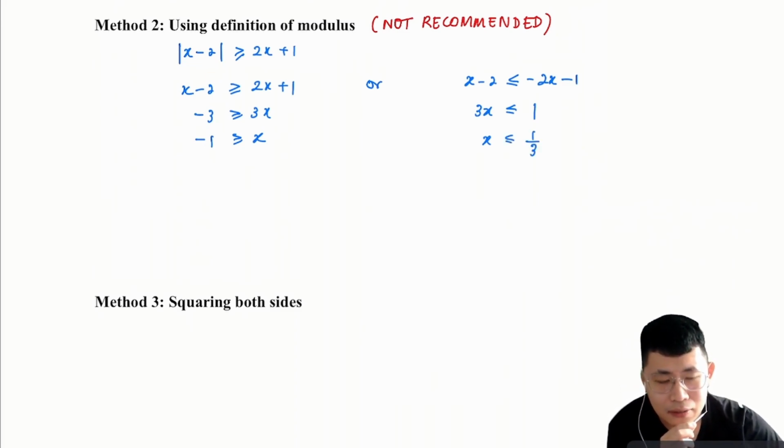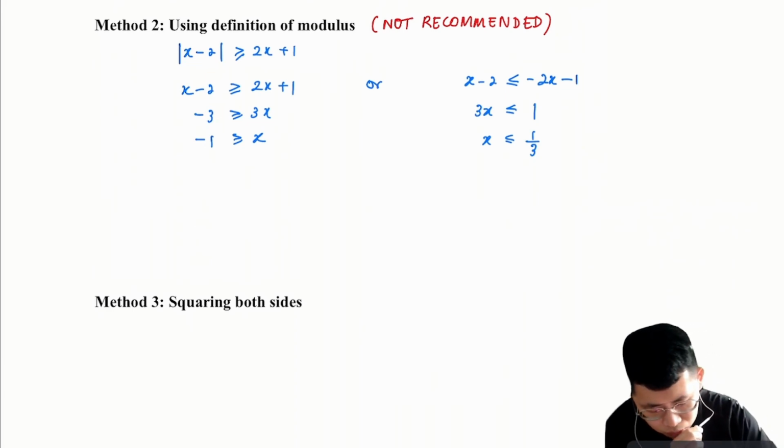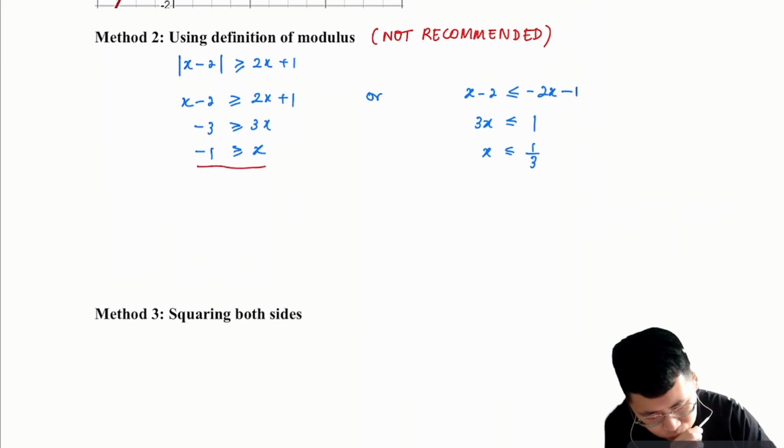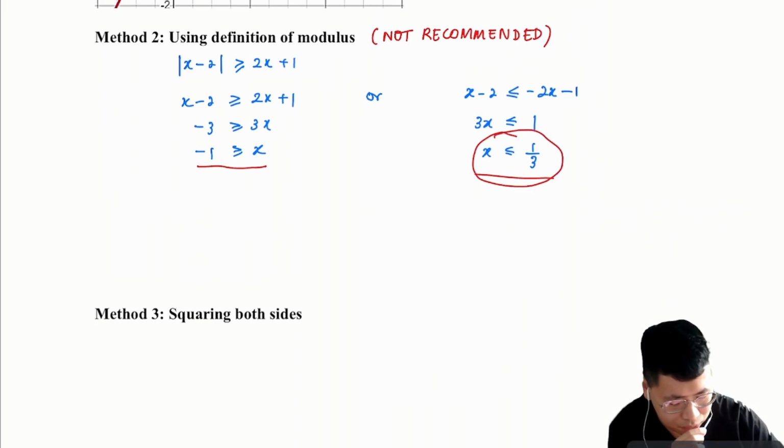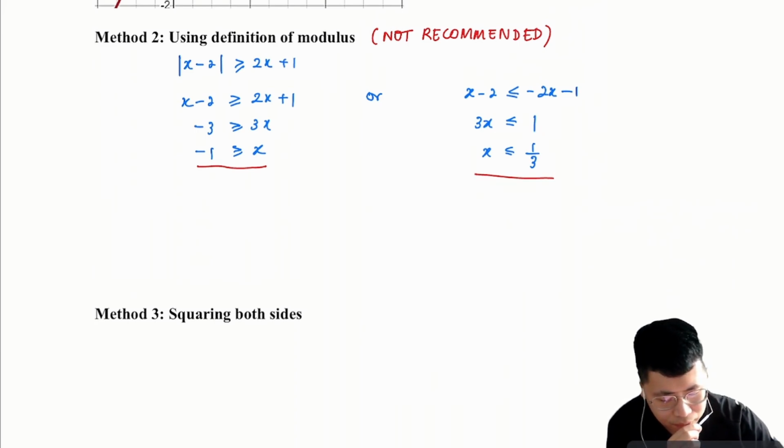Now it is a bit inconsistent already, because if we look at this solution and this solution, x is less than -1 and x is less than 1/3. Normally we would need to take this solution.